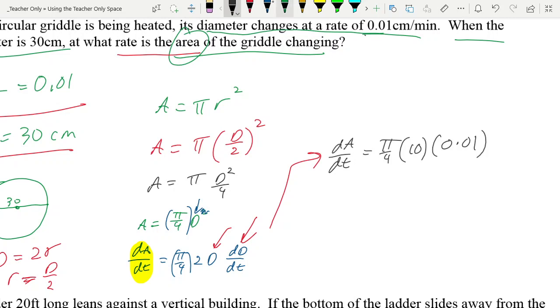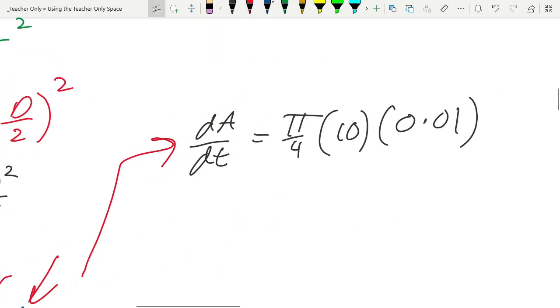And hey, this is looking pretty nice. So just a tiny bit of calculator work. 10 times 0.01, divided by 4, that would result in dA dt is equal to pi over 40.